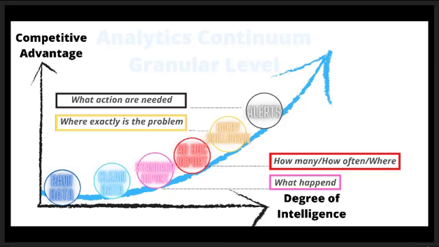So you get into drill down. Where exactly is the problem? You look at the data to see whether there is any state where the revenue is coming down, or whether it is a normal phenomenon across all of the states. So that tells you where exactly the problem is.